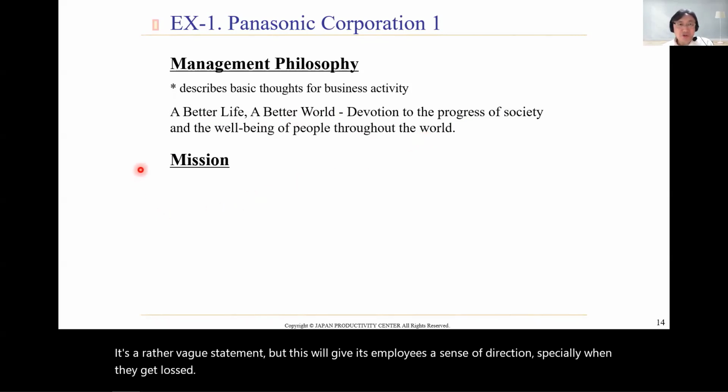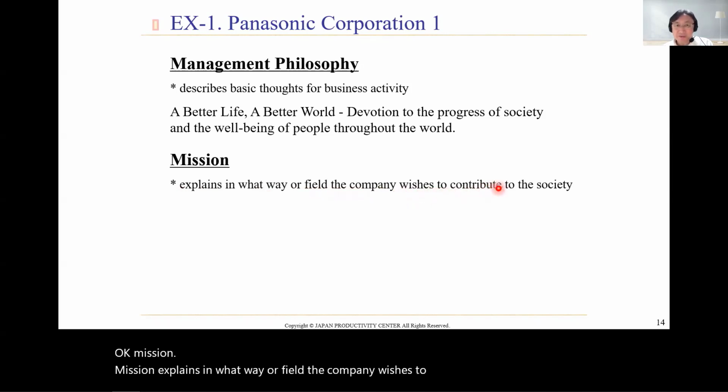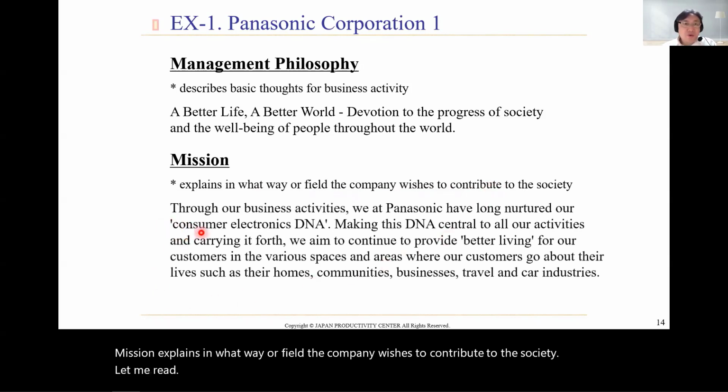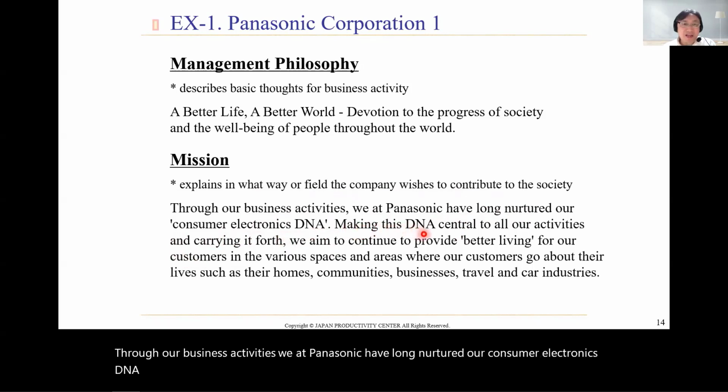Okay, mission. Mission explains in what way or field the company wishes to contribute to the society. Let me read. Through our business activities, we at Panasonic have long nurtured our consumer electronics DNA, making this DNA central to all our activities and carrying it forth.